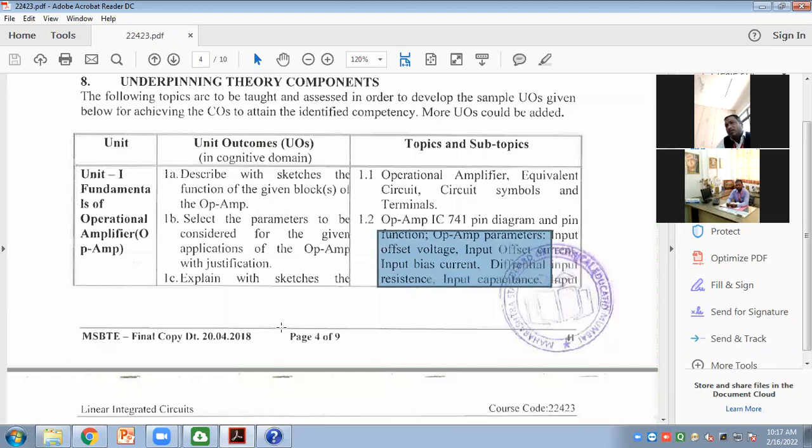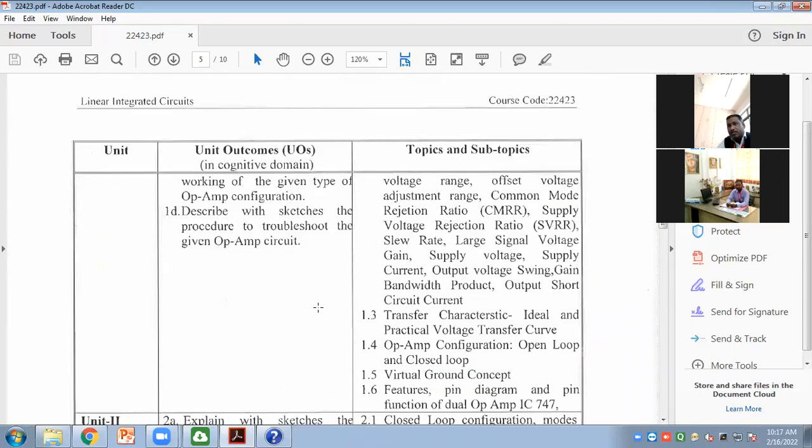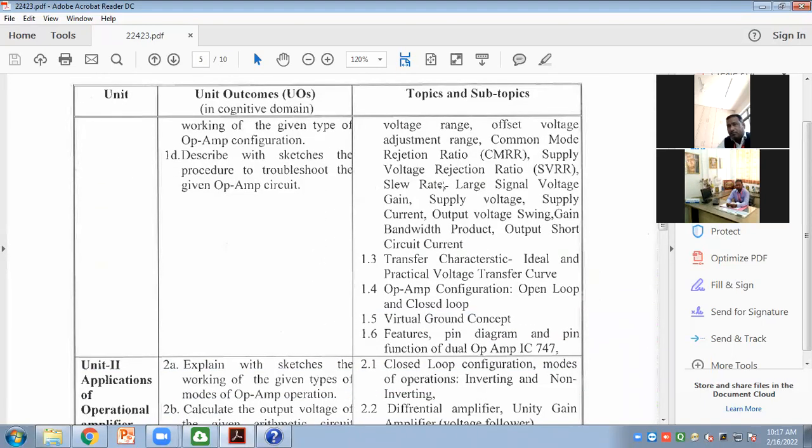We are going to study the IC741 in detail. So before studying the IC741, you must know the parameters of op-amp, and under these parameters, we are going to study the input offset voltage, input offset current, input bias current, differential input resistance, input capacitance, etc. So these are the basic parameters we are going to study under the first chapter.